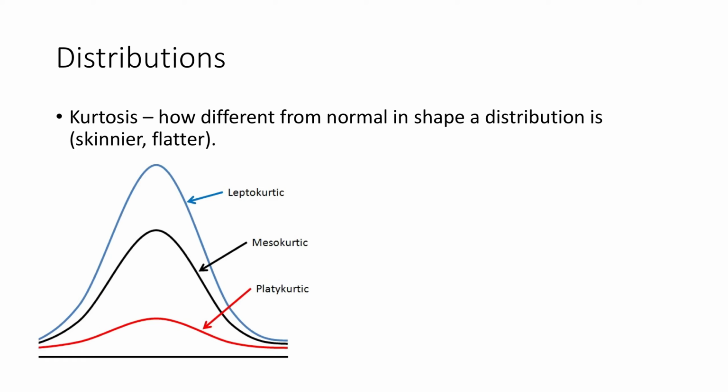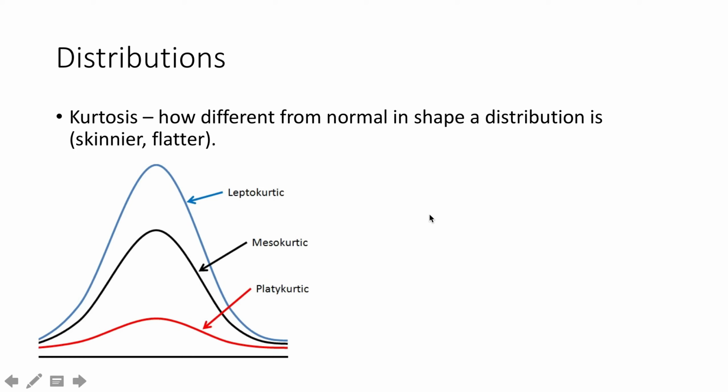And then platykurtic distributions are flatter, they're flattened out. It's still all about the tails of the distribution. So leptokurtic distributions have fatter tails, and platykurtic distributions have skinnier tails, but really, if you think about this picture, it's about how squished or flat the distribution is compared to normal.